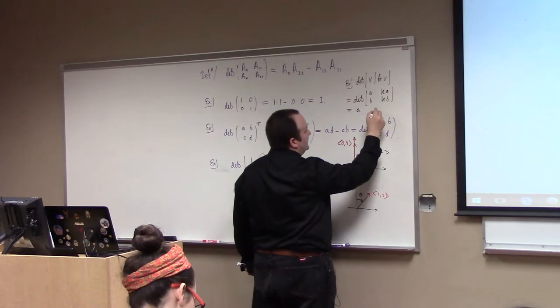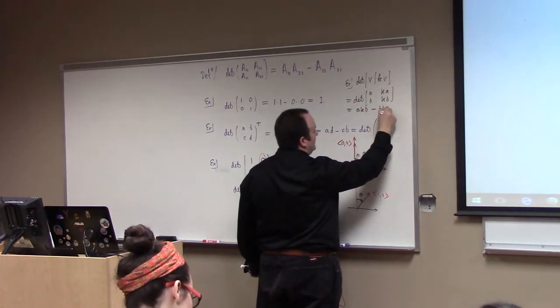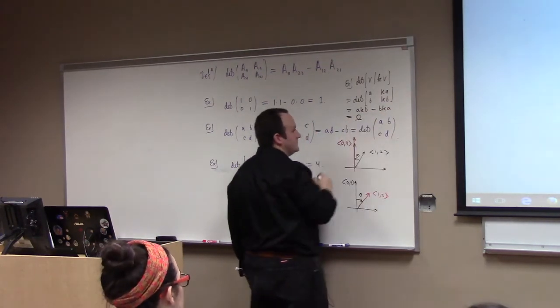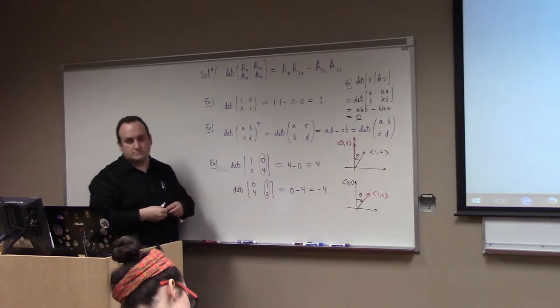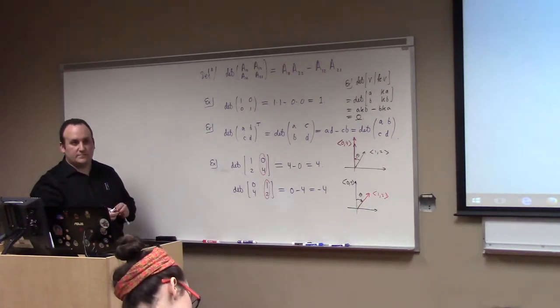AkB, no, AkB minus BkA. Anyway, however you pronounce it, it's 0. So if the vectors don't actually fill out an honest-to-goodness parallelogram, the determinant's 0.